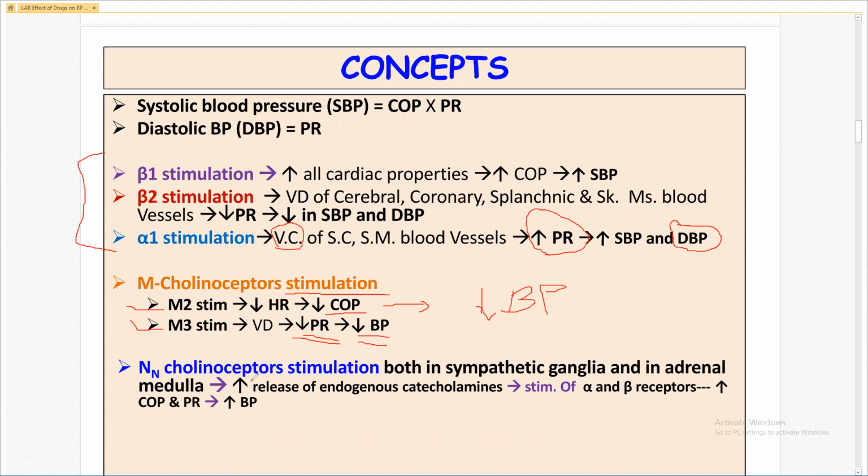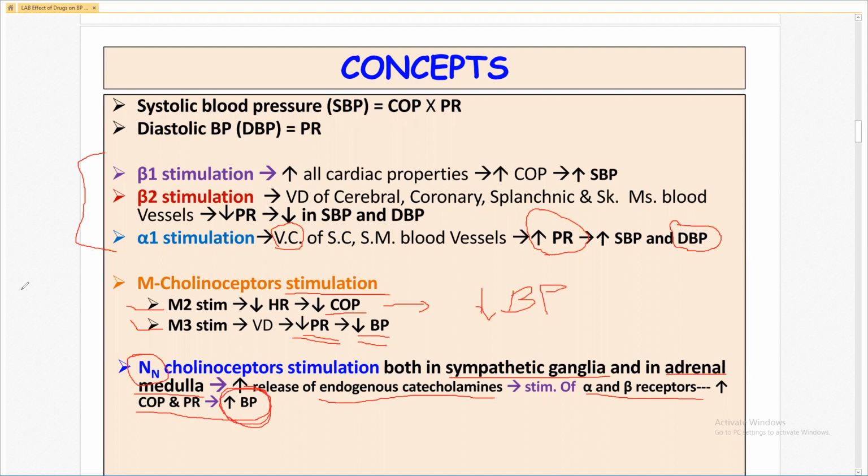But in cholinergic receptor stimulation, if there is nicotinic cholinoreceptor stimulation, it stimulates the sympathetic ganglia and adrenal medulla nicotinic receptor, which results in increase in the endogenous catecholamine and stimulation of alpha and beta receptor, which leads to increase in the cardiac output, peripheral resistance, and increase in the blood pressure.